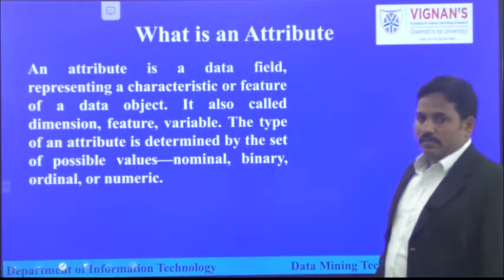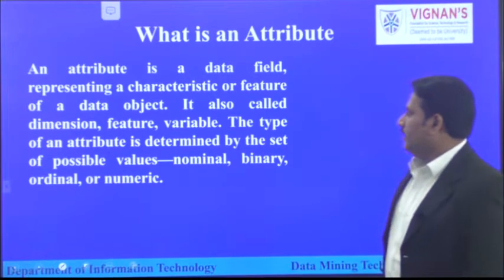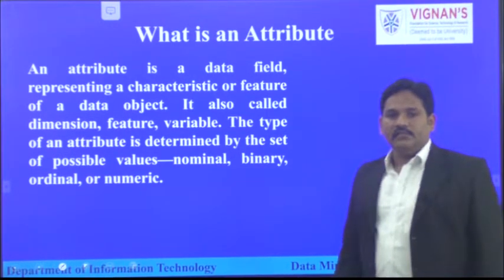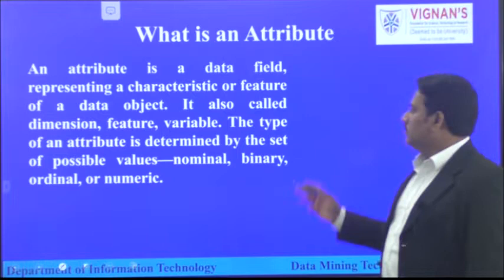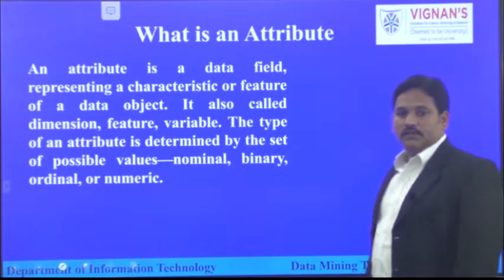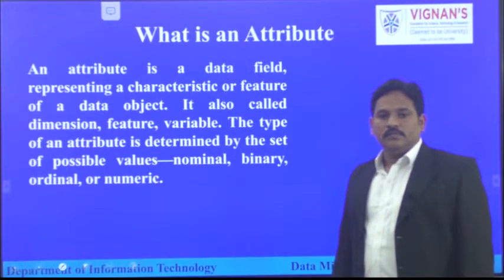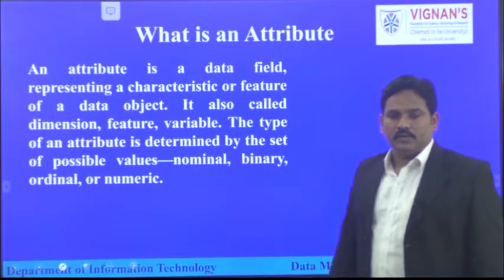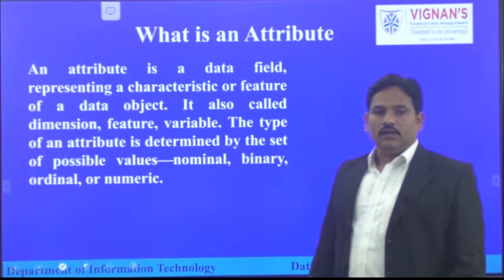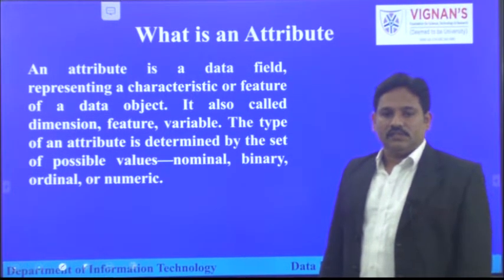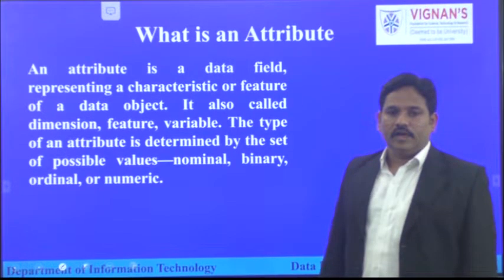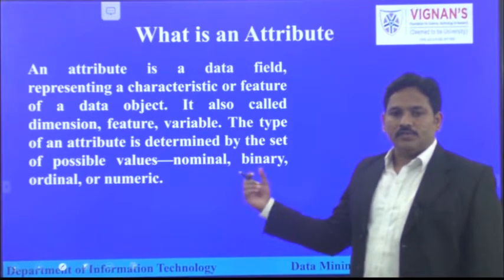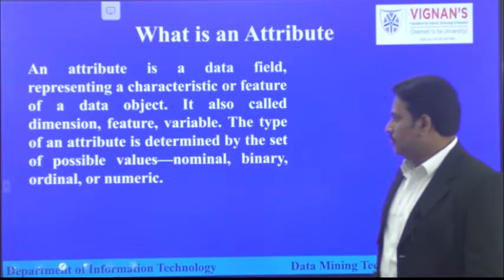Now, what is an attribute in detail? An attribute is a data field representing the characteristic or feature of a data object. That means if you want to store any particular information, the characteristic and the feature of that value is going to be represented as an attribute.